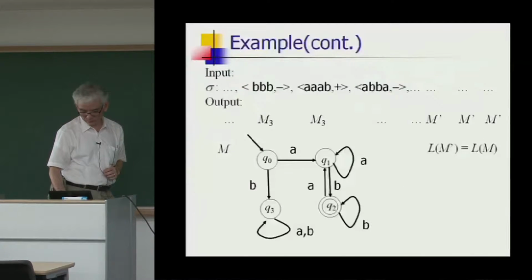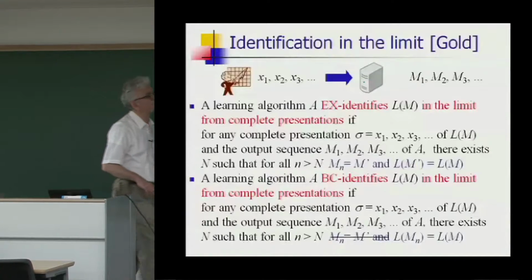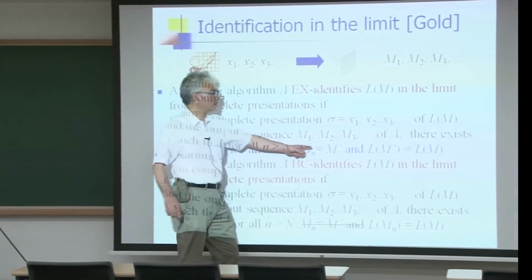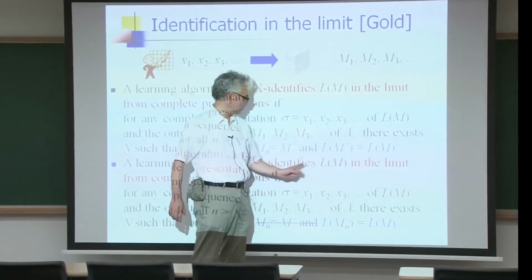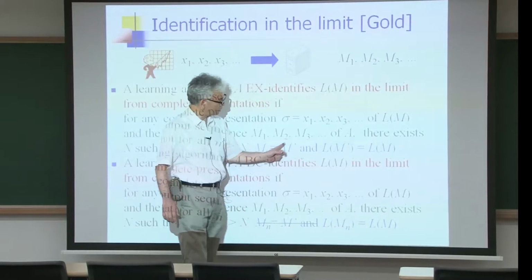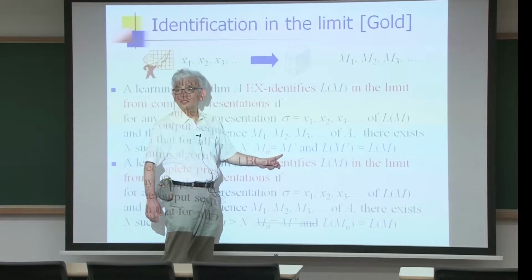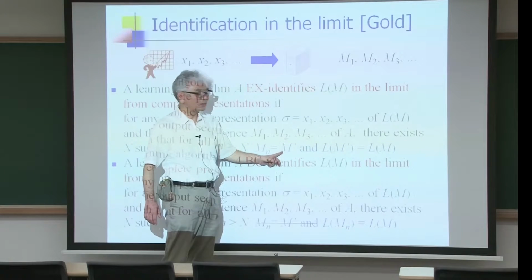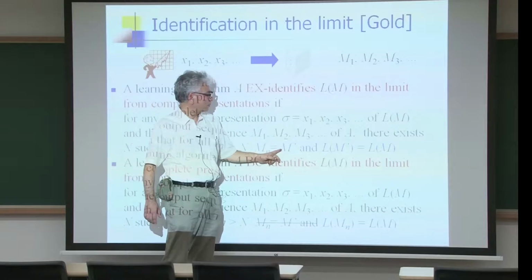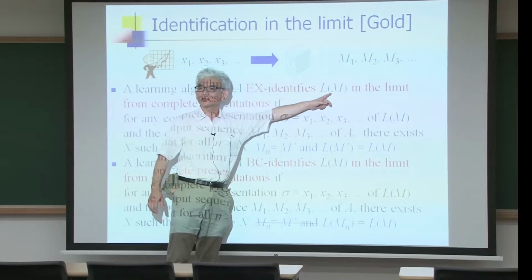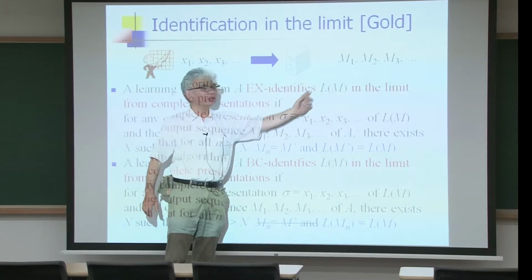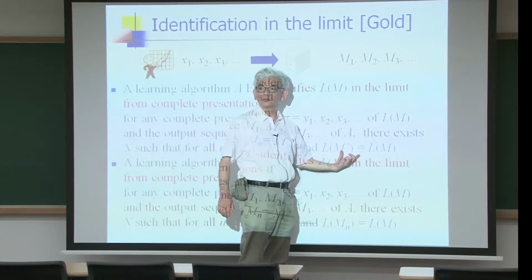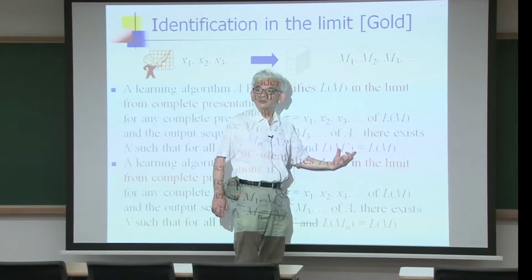So here we cannot write M, but M prime, which is a state minimal automaton. But it might be different from the unknown automaton. But it should be equivalent as accepted languages.